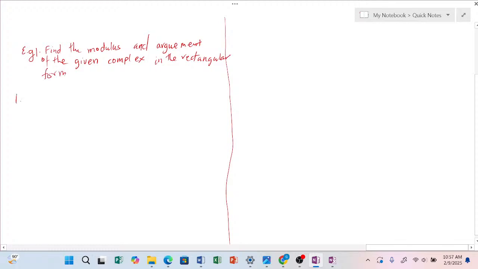So we have a number of complex numbers in the rectangular form. We are asked to find their arguments, and two, their modulus, that's the magnitude.